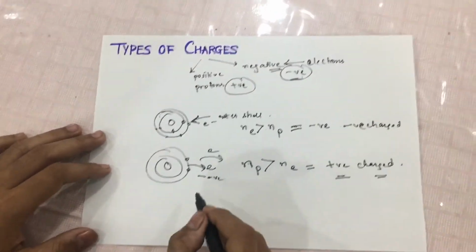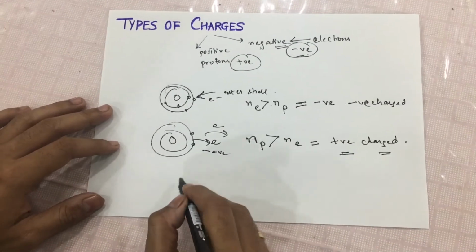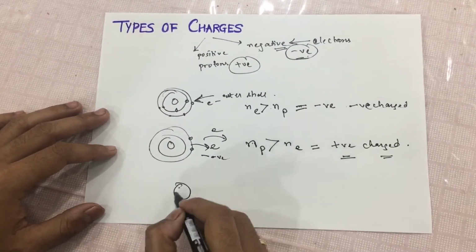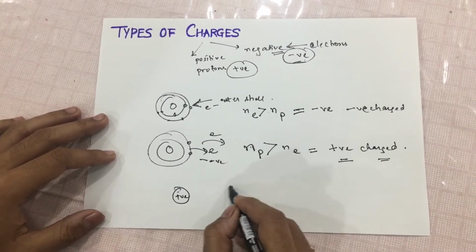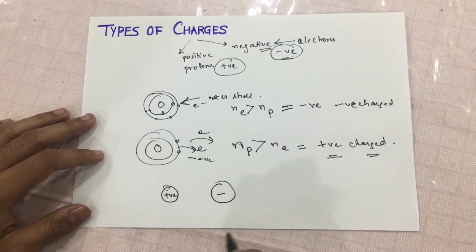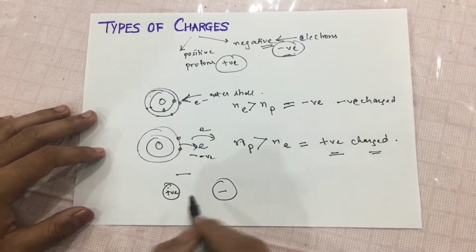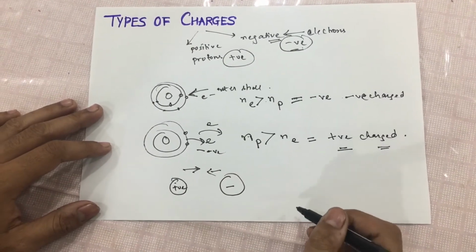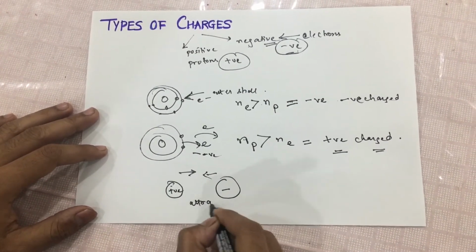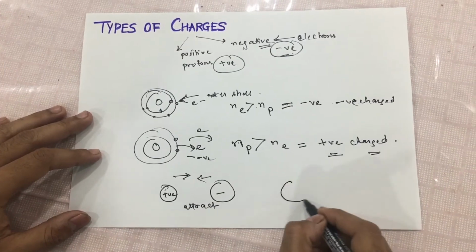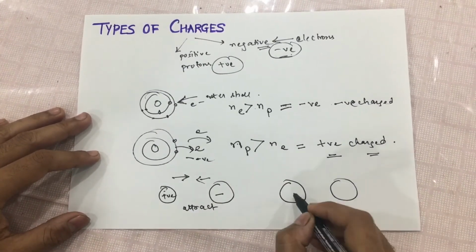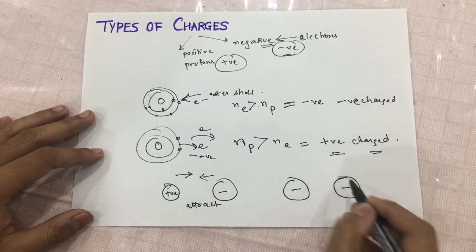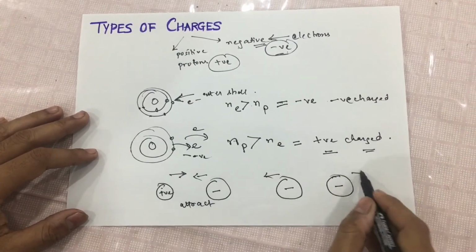Now I am taking two bodies. One is having a positive charge, the other is having a negative charge. When these two bodies are kept close to one another, they tend to attract each other. And when I take two bodies of the same charge, they tend to repel each other.